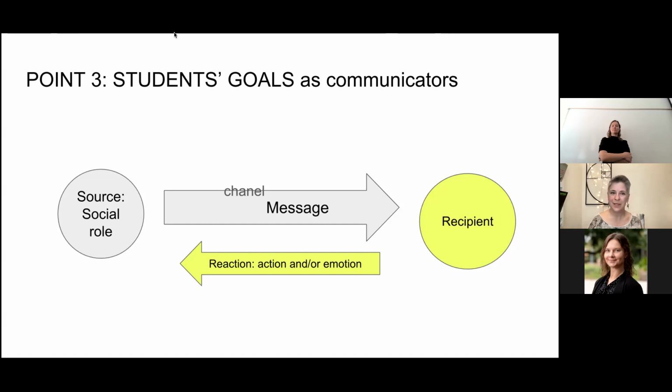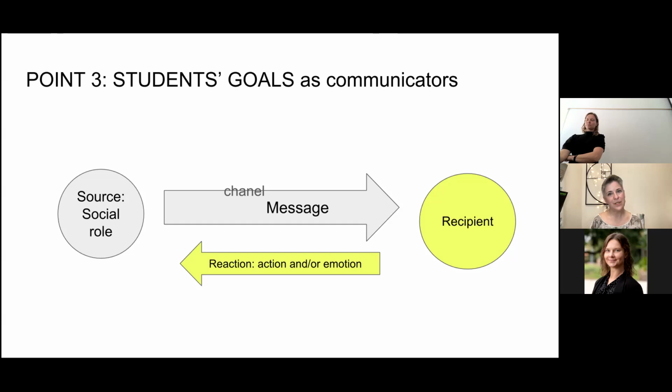And when we are speaking about students' needs, or rather student goals, we might want to think about them as communicators and just refer to this basic theory of communication with most attention paid to the recipients, to the people your students are going to talk to, and to the reaction, be it action or emotion, that your students want to get. So why are they even engaging in this communication?